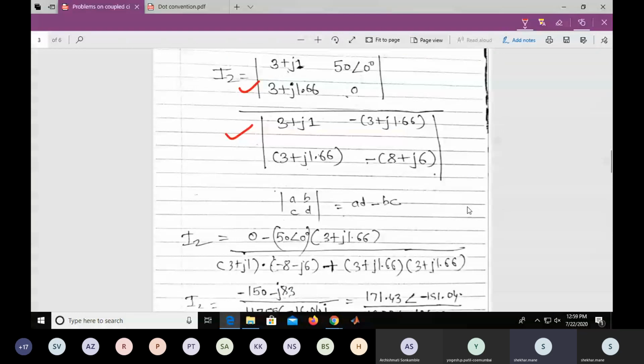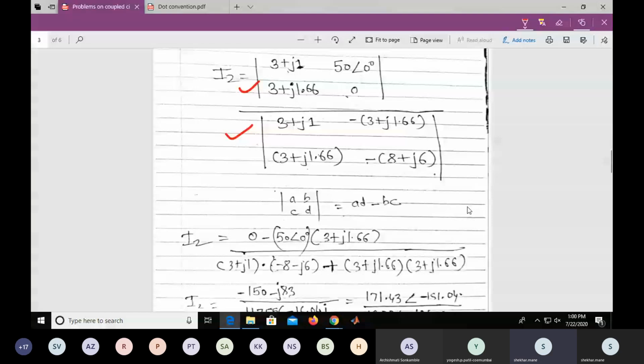So from this, using AD minus BC, you are getting this equation. I2 is equal to 0 minus 50 angle 0 degree into 3 plus J 1.66 upon 3 plus J1 into this.